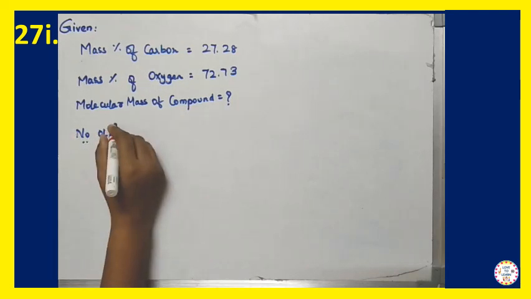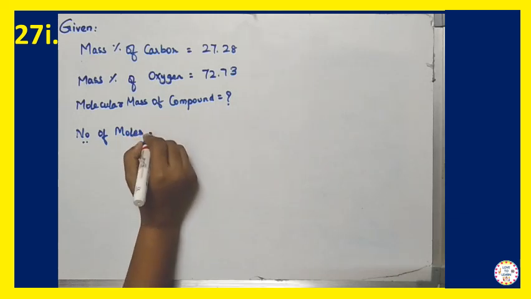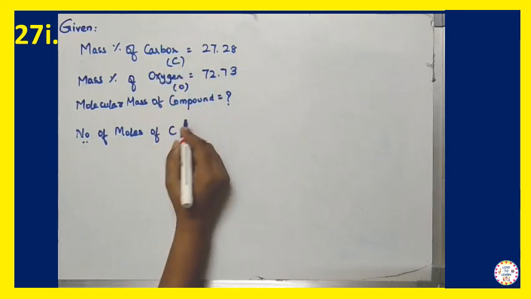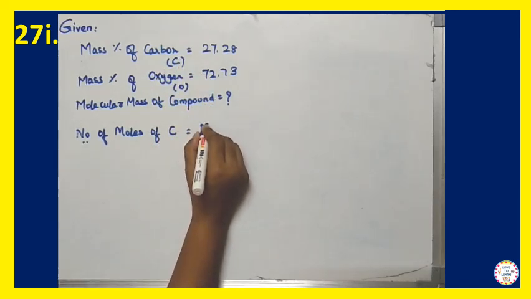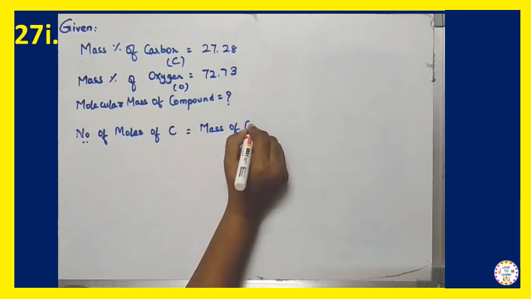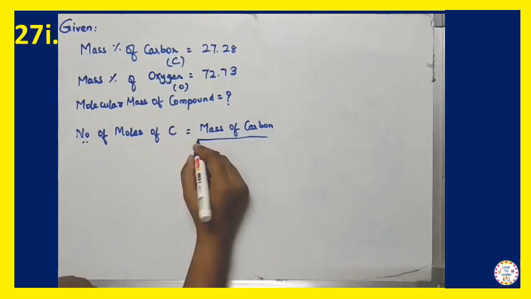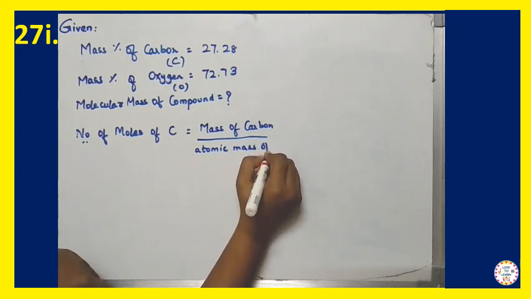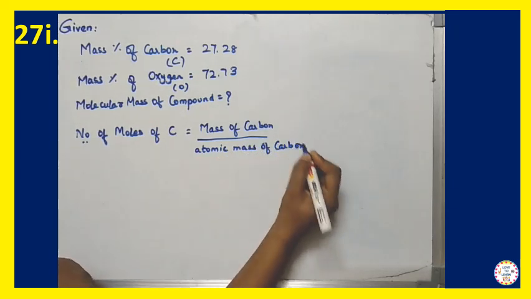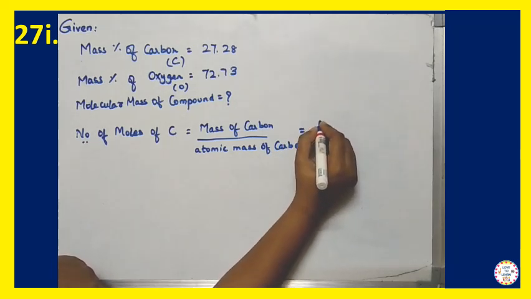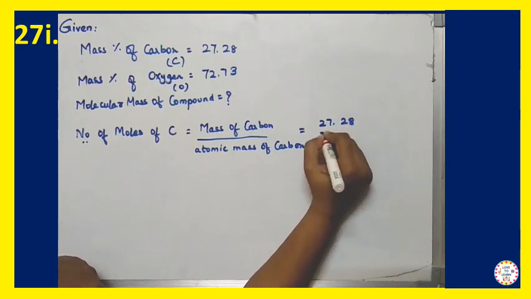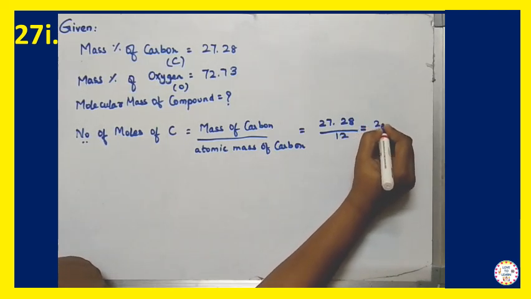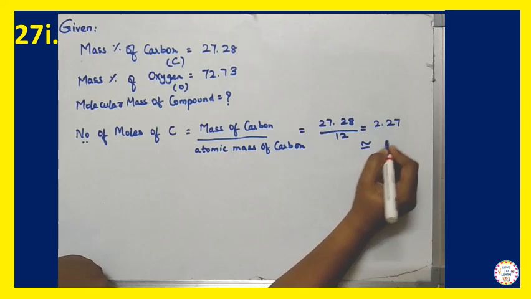First let us find the number of moles of carbon C, which is equal to the mass of carbon by the atomic mass of carbon, which is equal to 27.28 by 12, and this gives 2.27, approximated to 2.